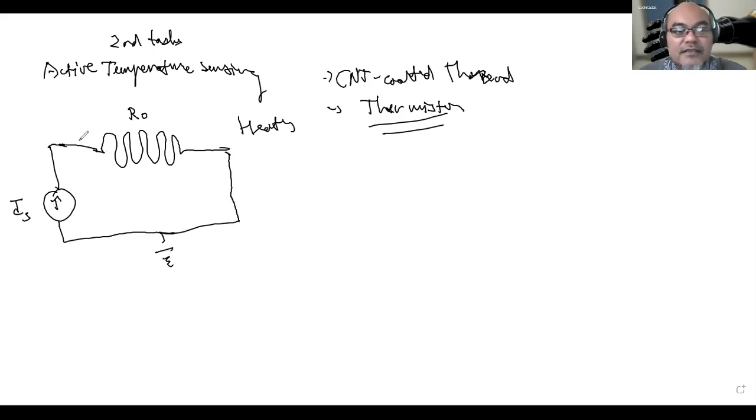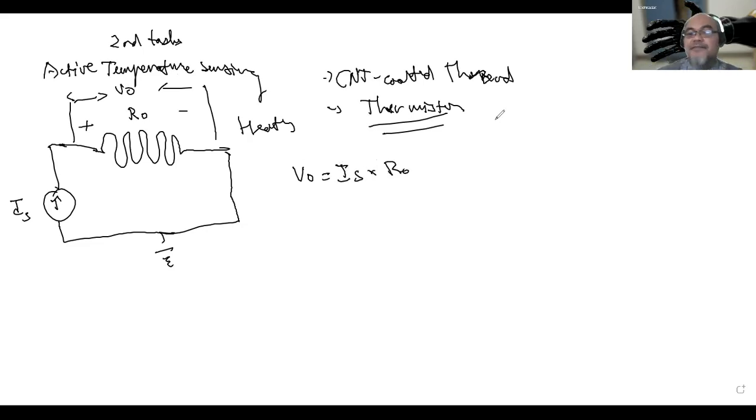Then you are measuring the voltage here, V output, plus minus. V output will be a function of IS and R0, right? V output will be equal to IS times the initial resistance.